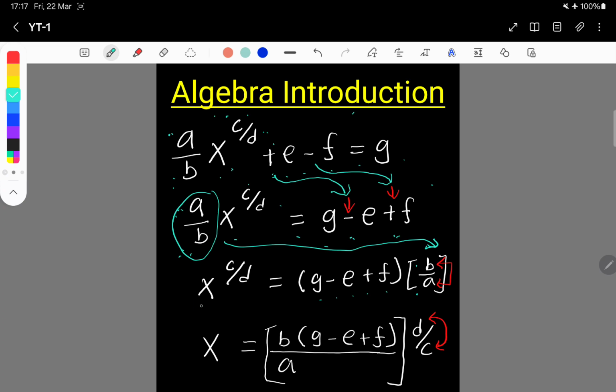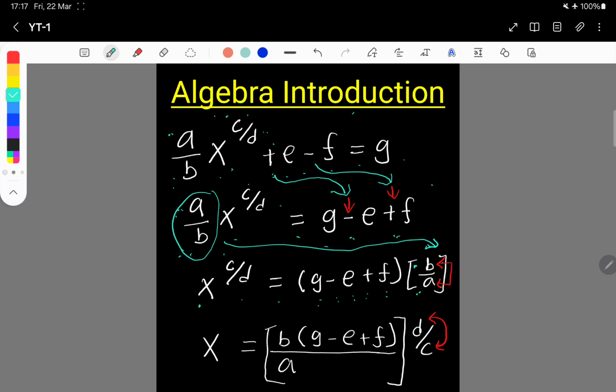So now you have x power of c over d equivalent to g minus e plus f, close the bracket, multiply with b over a. You must understand that the most important point in this step is that division becomes multiplication and multiplication becomes division, upside down already.